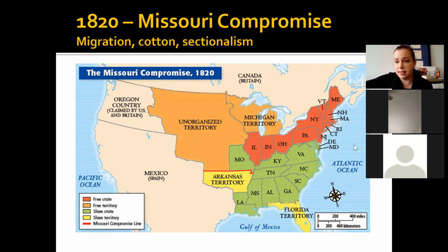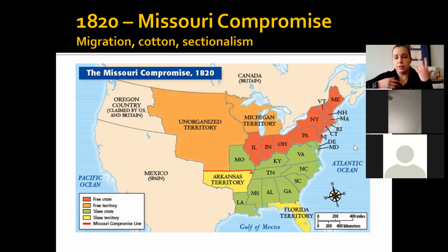As these states begin to be settled and become states in the country, we see that new debate over sectionalism and whether or not these new states should be slave states or free states.